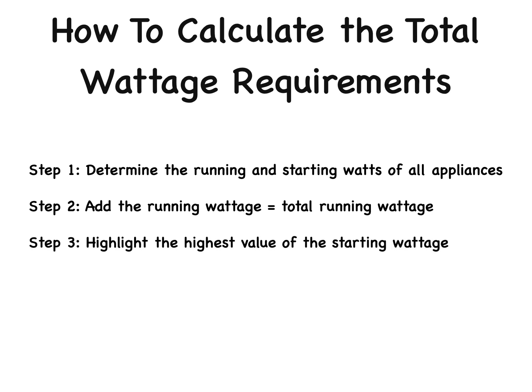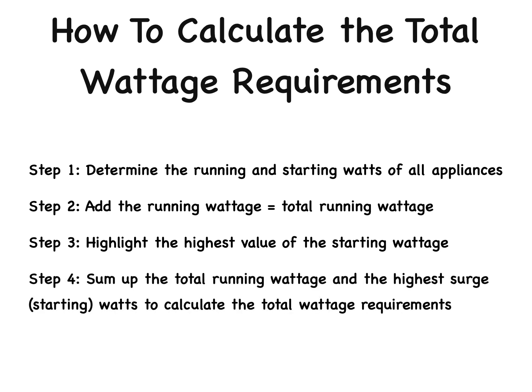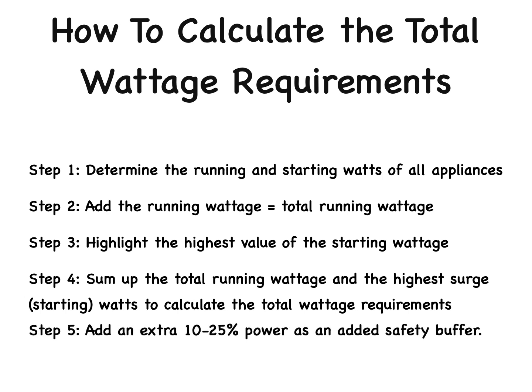Highlight the highest value of the starting wattage among all appliances. Step 4. Sum up the total running wattage and the highest surge or starting watts to calculate the total wattage requirements. Step 5. Last but not least, add an extra 10 to 25% power as an added safety buffer. It will help the generator handle unexpected surges.